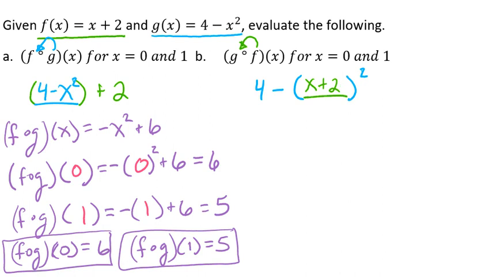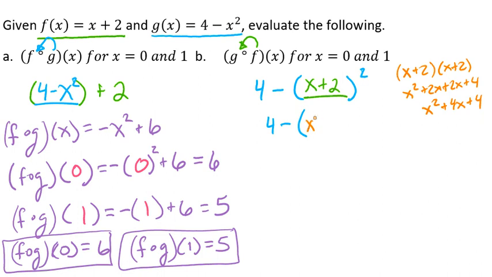Now notice that this time, because we have this x plus 2 quantity squared, we're going to need to distribute that. You might know that as foiling. And so when we FOIL that, that gives us x squared plus 4x plus 4. So now we have 4 minus x squared plus 4x plus 4.